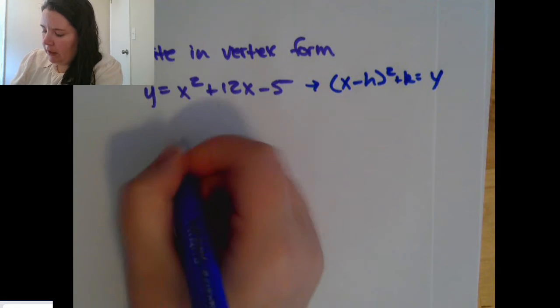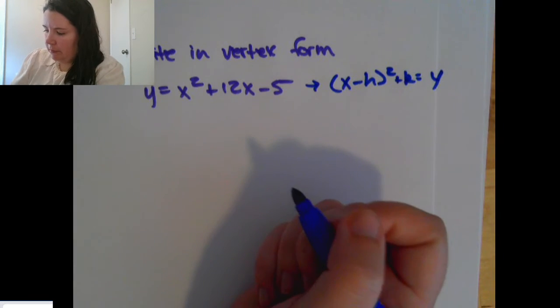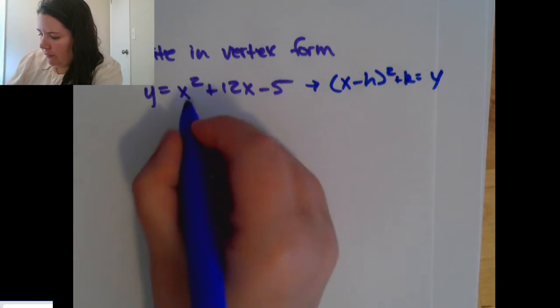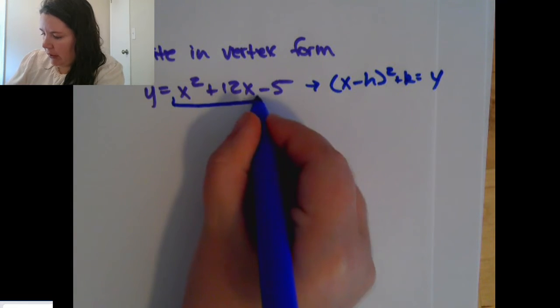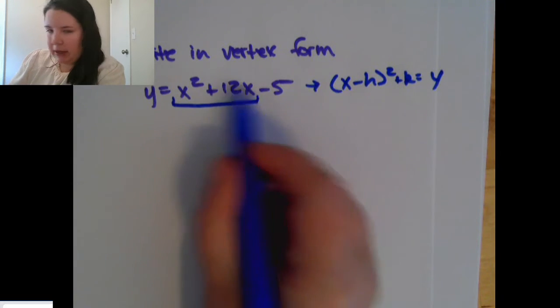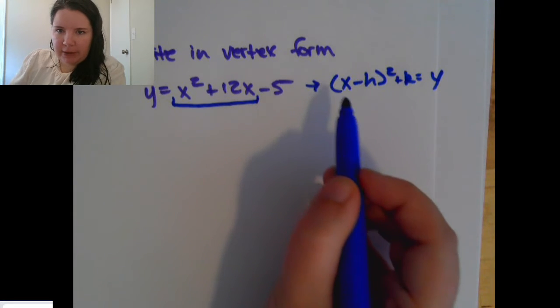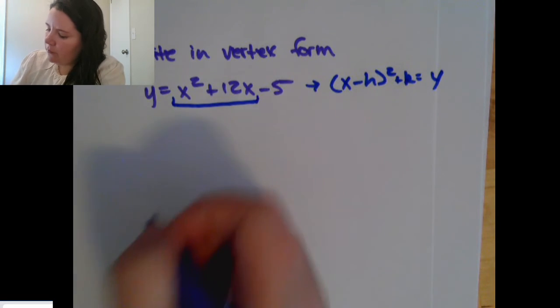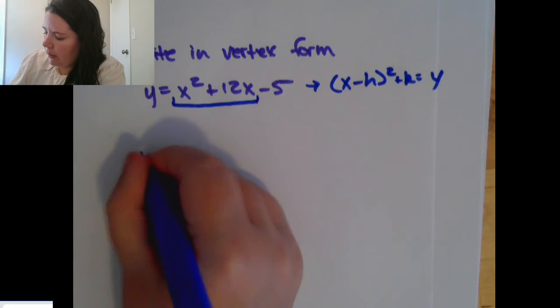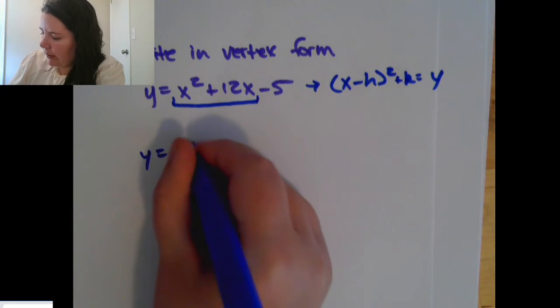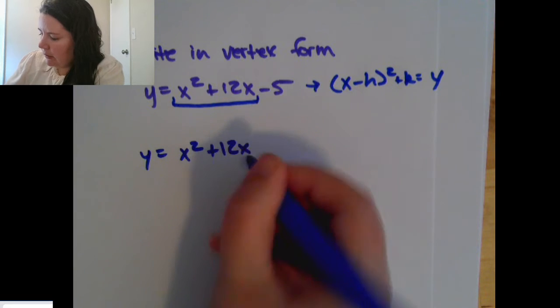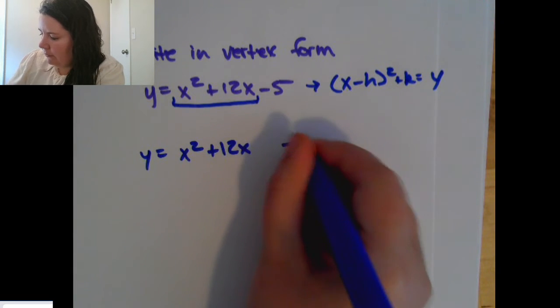So here we go. In order to make a perfect square, first I'm going to just care about this x part. This is the piece that I want to put into my parentheses. So y equals x squared plus 12x minus 5.